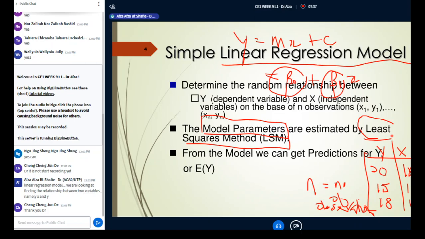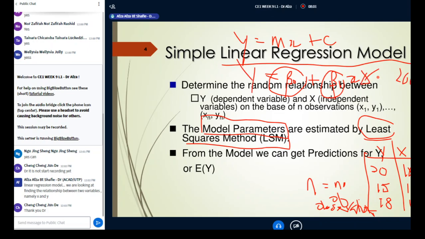Why do we want to do this? Because if we know the values of beta naught and beta 1, then you can predict. Let's say the pressure is now 200, so what will be the value of Y? If you have this equation, you will get the value of Y if you know that the pressure is 200.